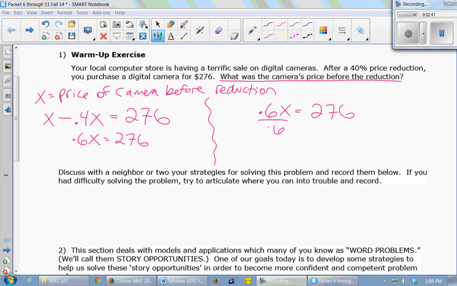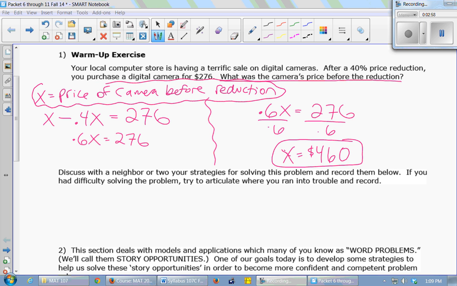Divide both sides by 0.6, and you end up with X equals, I think, $460. All right. So this whole thing of using the question to help you define a variable is going to be really, really helpful in the rest of these problems.